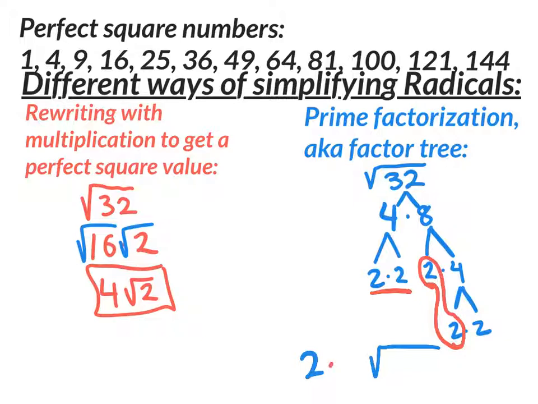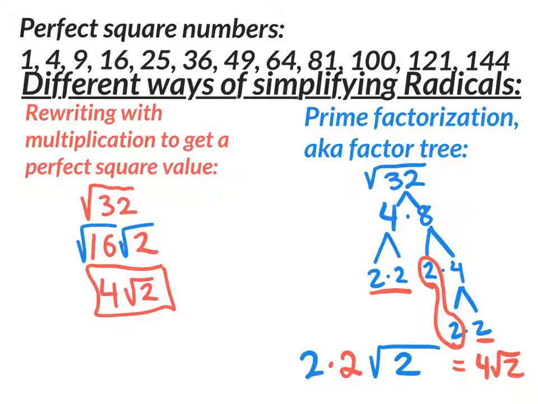That means you're going to have another 2 on the outside. And then we have the single 2 that doesn't pair up with anything, so that one stays on the inside of the root. So our answer actually is 2 times 2 times the square root of 2, which is the answer 4 square root of 2. It's the same exact thing over here, it's just a different way of doing it.